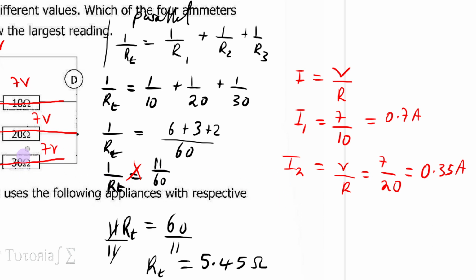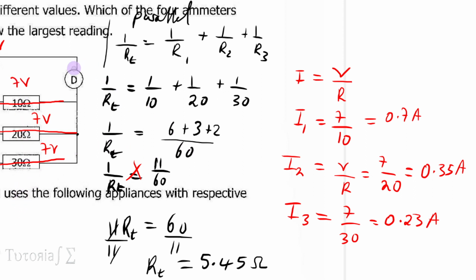Then we can also find the current through that one. Current 3 is equal to the voltage, 7 volts, divided by 30, which gives us 7 divided by 30, that would be 0.23 amps. So we found the different currents.